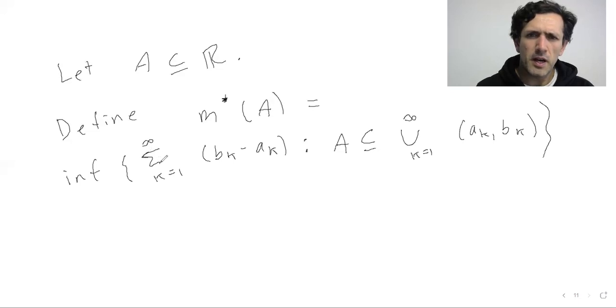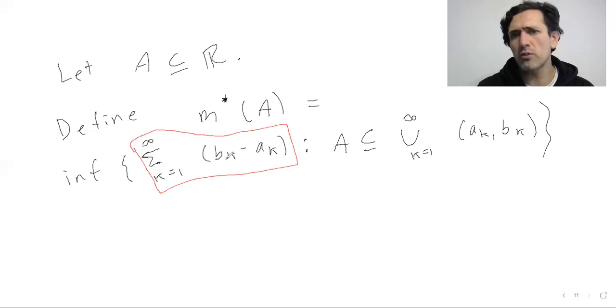And if it turns out that every single one of these sums is infinite, if that's unavoidable, if all of these red sums are infinite, then we define M star of A to be infinity.